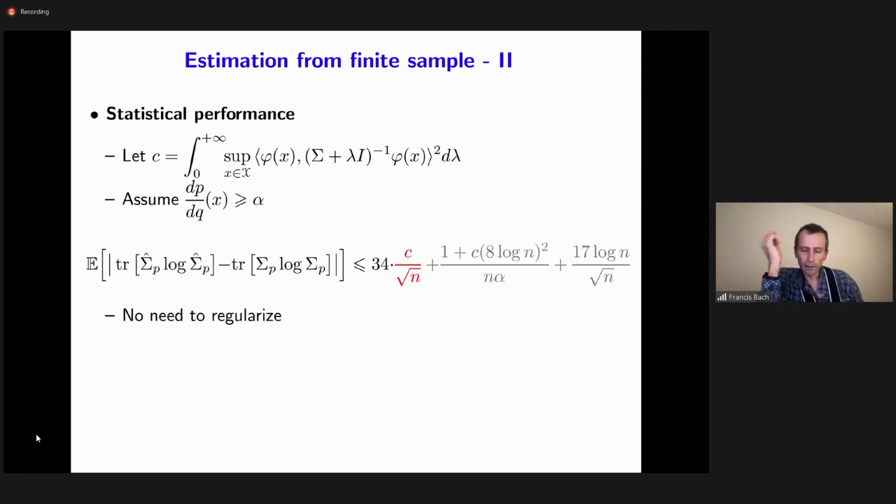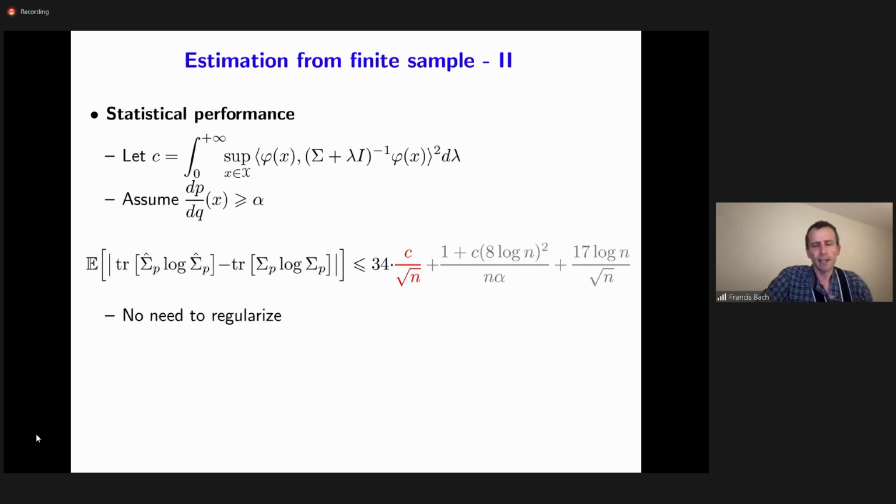Essentially, the quantity that controls estimation performance is the maximal leverage scores, and it turns out that this quantity is finite as soon as the decay of eigenvalues of sigma is strong enough, typically 1 over k to the 4, something like that. So this shows that if you have a reasonably strong decay of eigenvalues, then everything is fine, and you get an estimation rate in 1 over root n, which is nice because you don't see the curse of dimensionality appearing here.